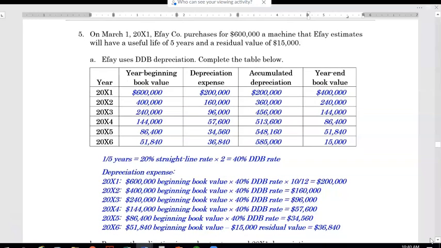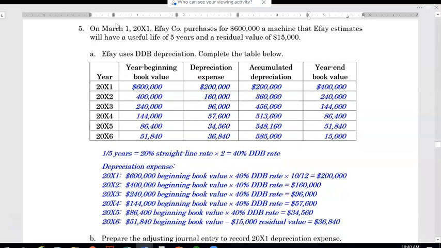Let's do number 5. Number 5 says, in March of 2011, a company purchased for $600,000 a machine that it estimates will have a useful life of 5 years and a residual value of 15. So you purchased it in March.